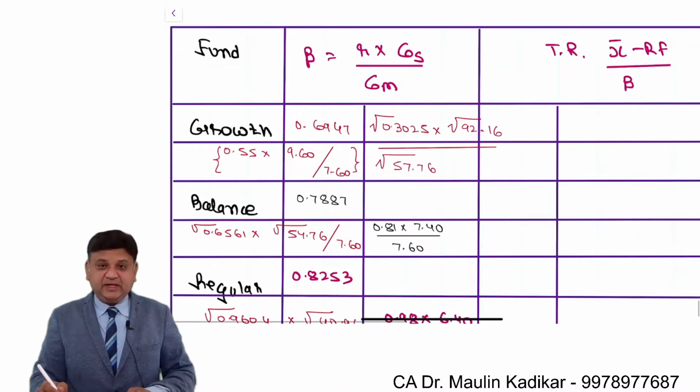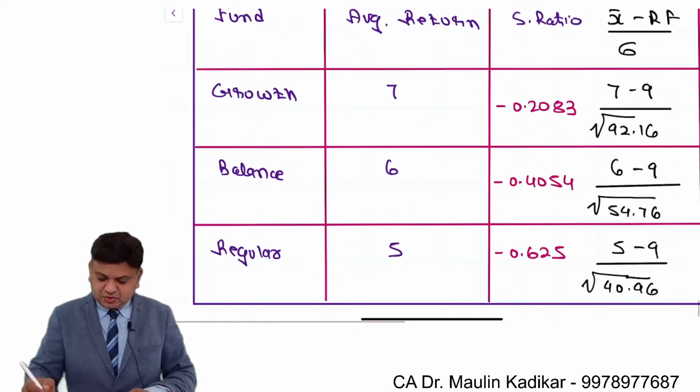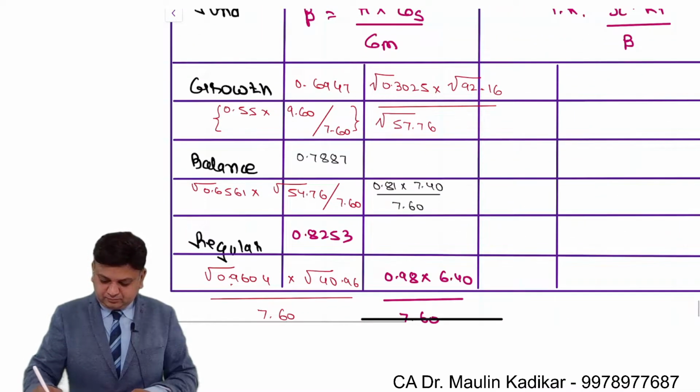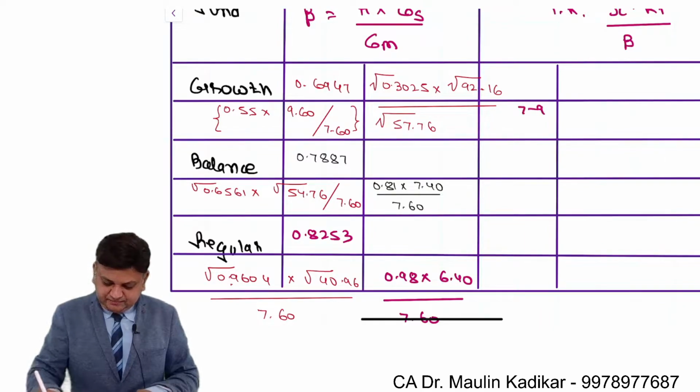Once we compute the beta, then we'll compute the Treynor's ratio. So let us see the calculation of the Treynor's ratio. It is 7 minus 9 divided by 0.6947.